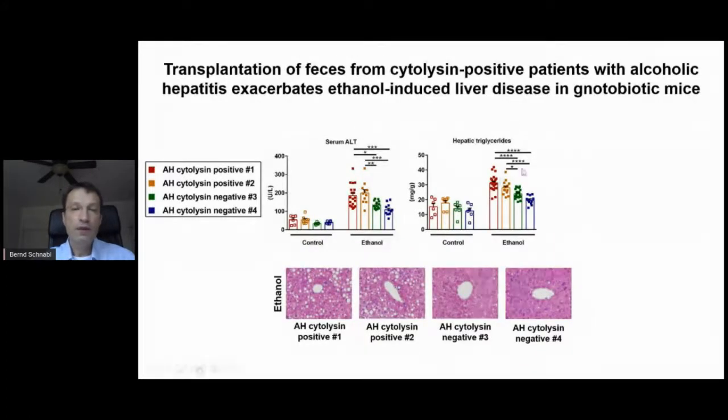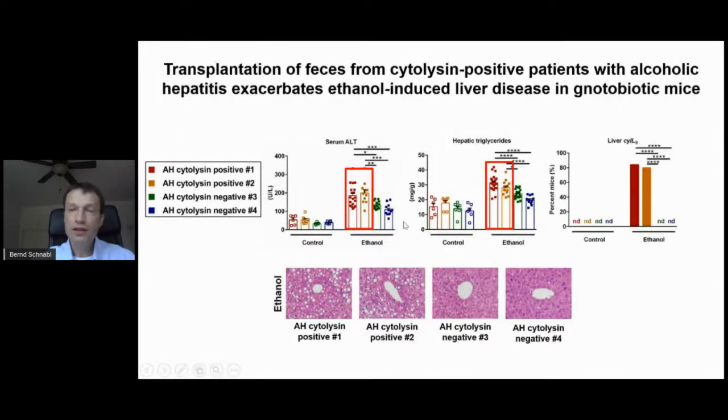When we did this, the groups that were colonized with feces from alcoholic hepatitis patients who were cytolysin positive had the highest liver injury, highest liver steatosis, as compared to the groups that were colonized with stool from cytolysin-negative patients with alcoholic hepatitis.